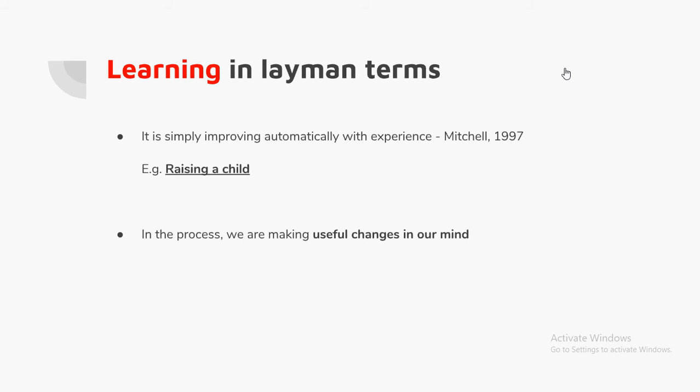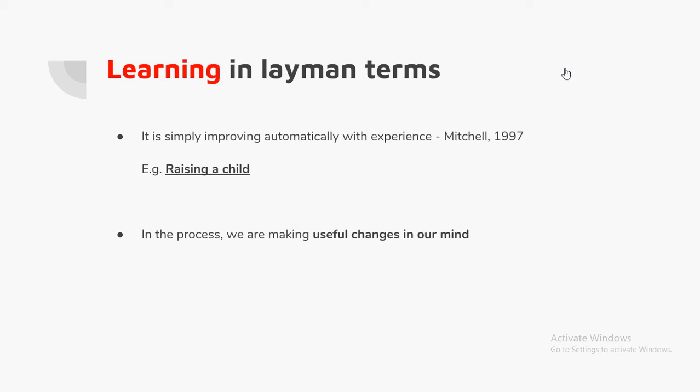So learning in layman terms, take the example of raising a child. Suppose we give a child some task and he does that task, and then we give him some feedback. Based on our feedback and his experiences, the child improves.